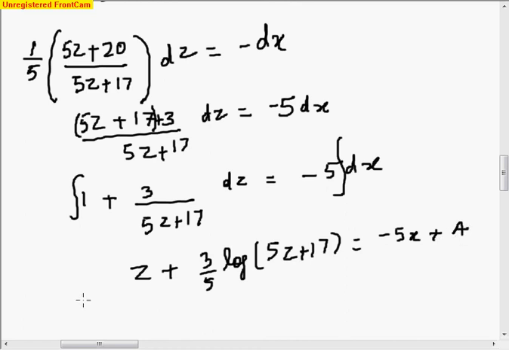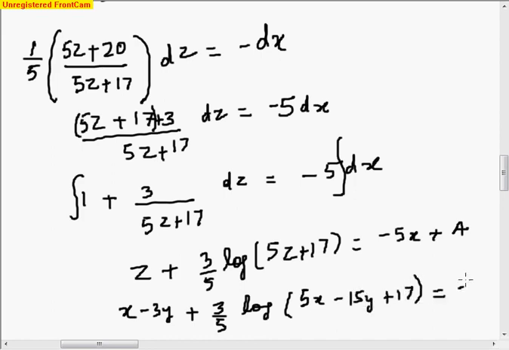Now what is the value of z? z was your x - 3y. So this is x - 3y + (3/5) log(5x - 15y + 17) = -5x + a, right?